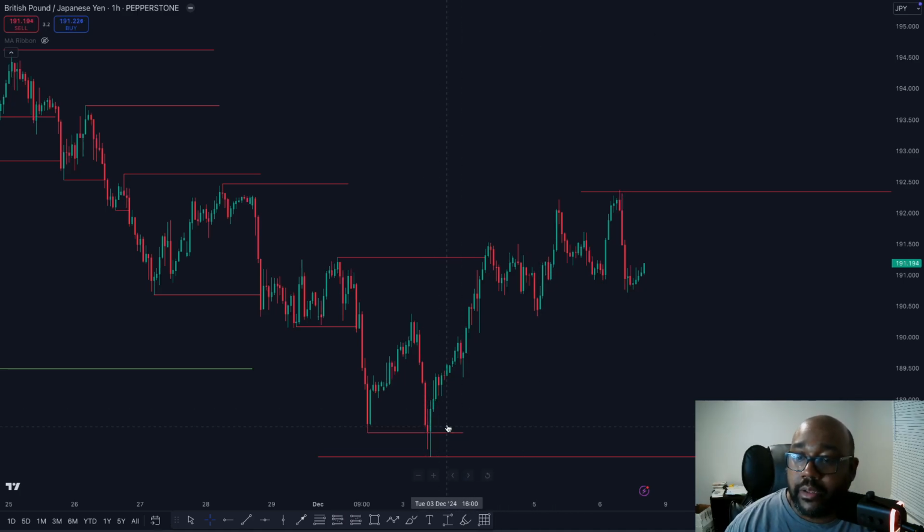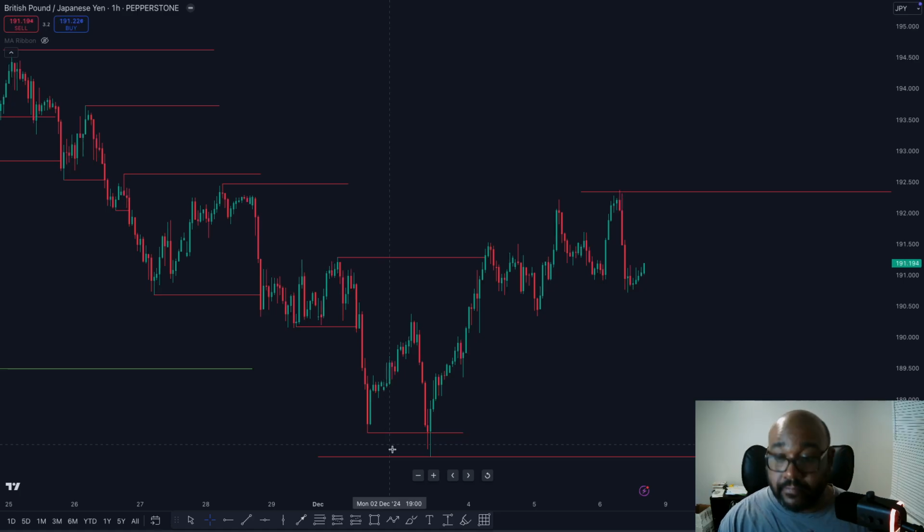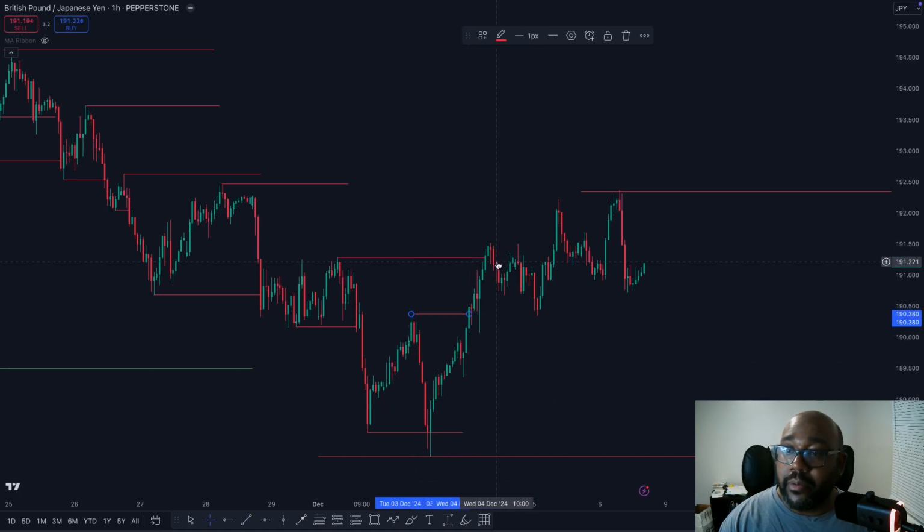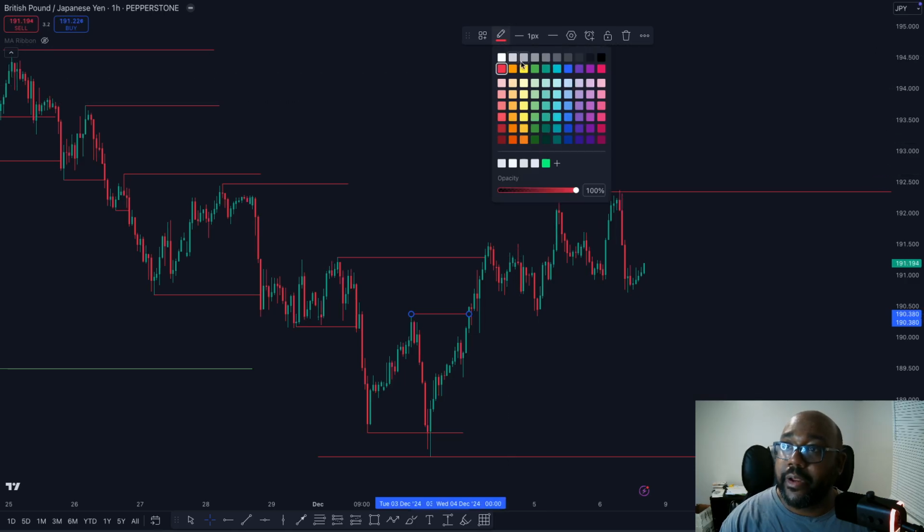It didn't break. Candles all wicks. So that's manipulation. This is a sweep of this low here. And then we come up and we break, which we turn green.